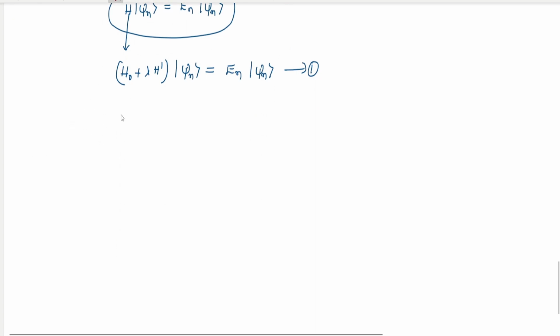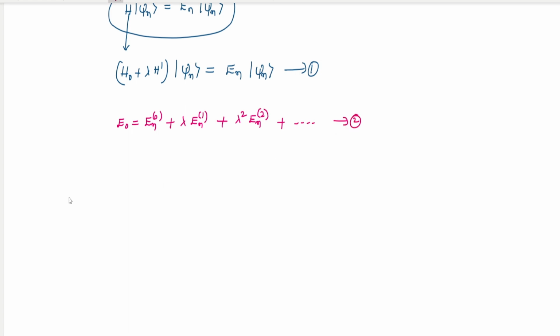So we expand En like this: En power 0, the ground state energy, plus lambda En power 1, plus lambda square En power 2, and so on.